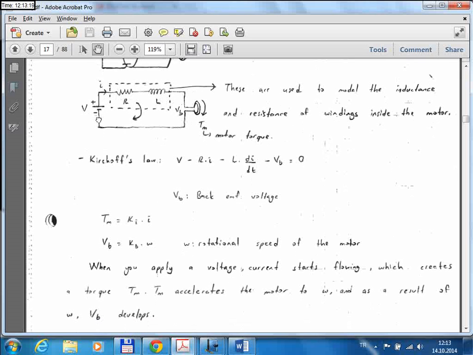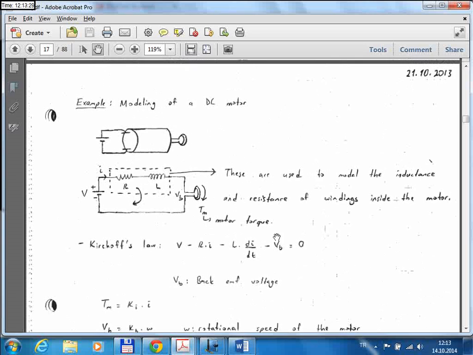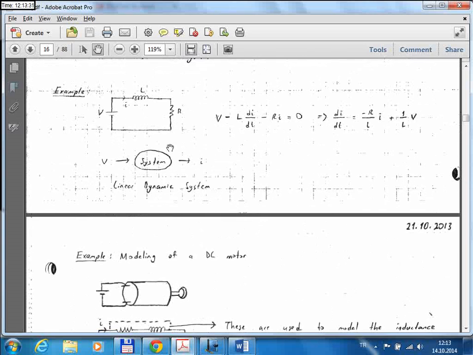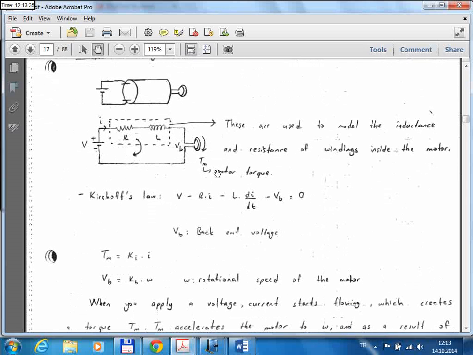This is the voltage source, and then the voltage drops due to the resistor and the inductor are written by these two terms. This is the same element as the previous example. We just have one additional term, and this additional term is due to the voltage drop of the rotor rotating, the back EMF voltage. So this is the equation for an electrical motor.